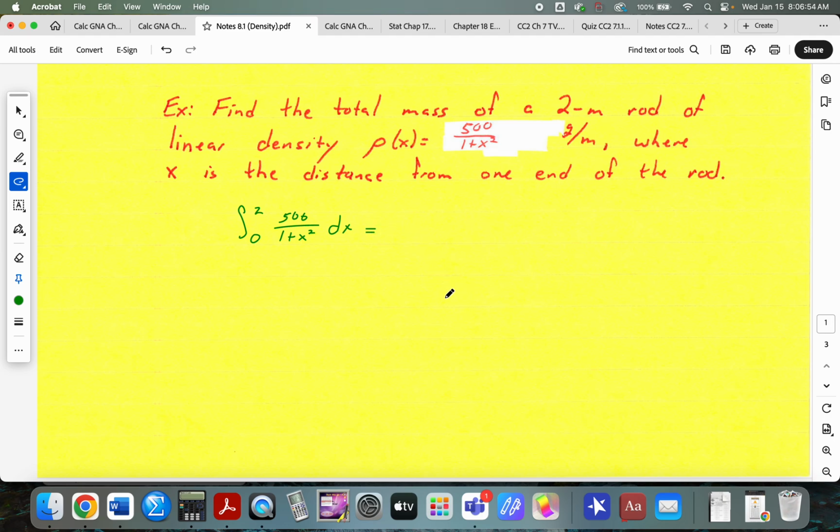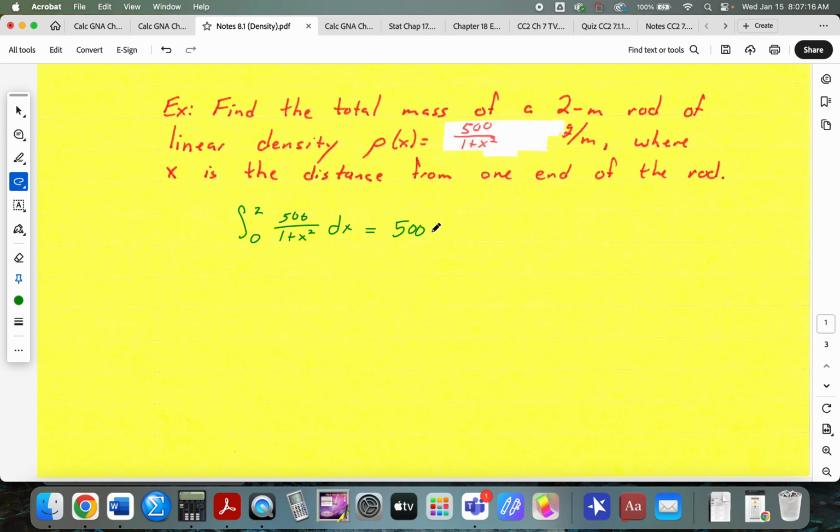So most of these we'll use a calculator for. We may eventually on this one, but right now I'm going, yeah, okay, I can take the antiderivative of that. What is the antiderivative of that? I'll give you a hint. Factor out the 500 first. Like a tangent inverse.